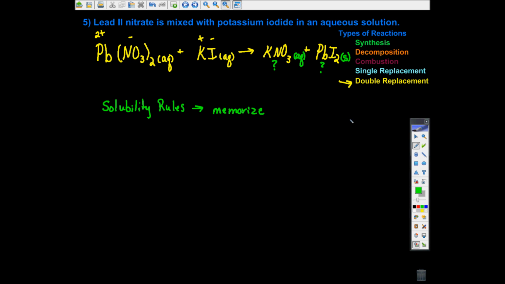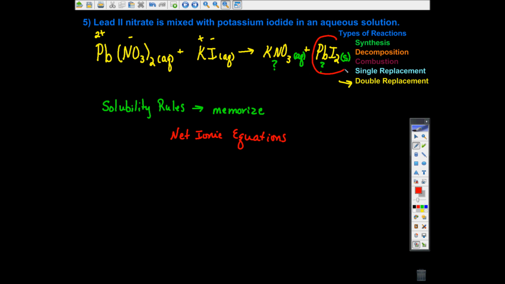Now when you have a solid precipitate, you're going to have to write another one of those net ionic equations for this reaction. Now, what is the net ionic equation concerned with? Just the thing that is new.